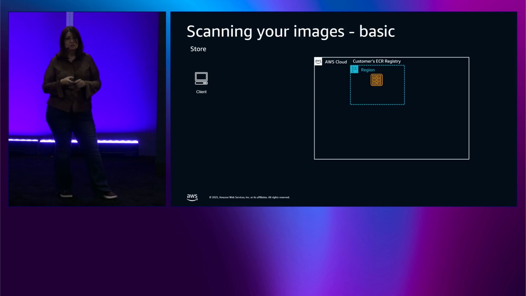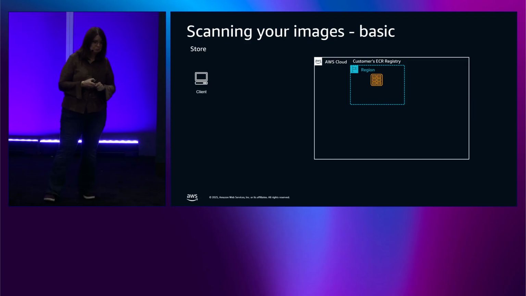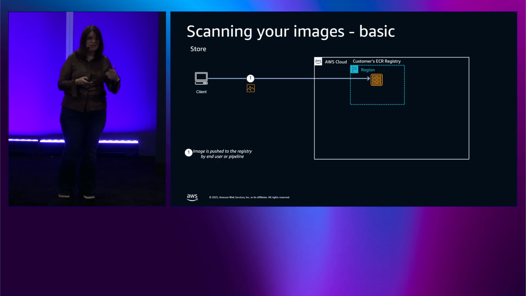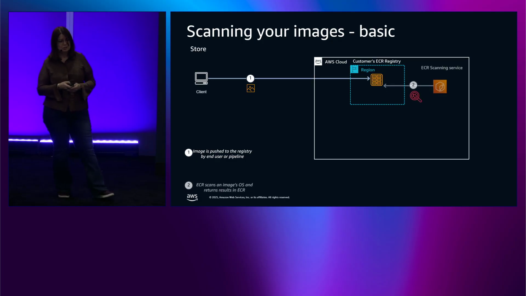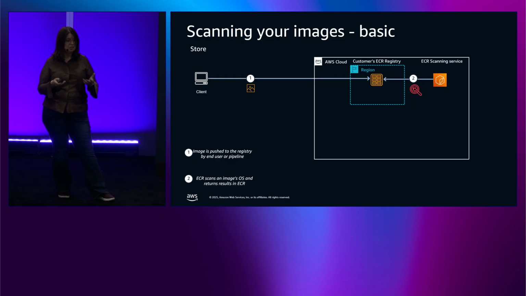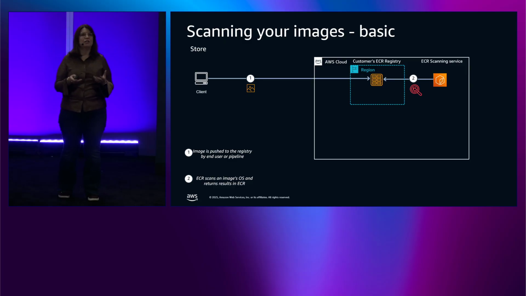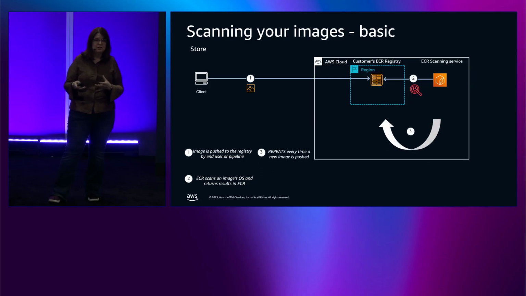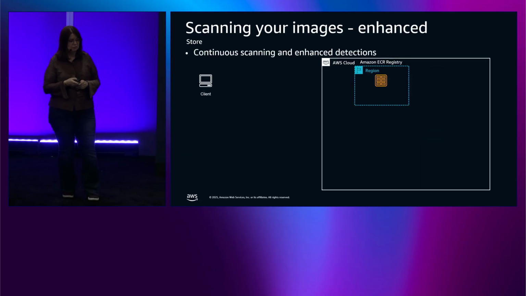By default, all new registries are opted into this Amazon-owned scanning technology. So what happens when you push an image to ECR? When you or the pipeline pushes an image, the scanning technology kicks in and scans that image for any OS vulnerabilities. Any results, any conflicts with open CVEs, are returned to you within the ECR interface.